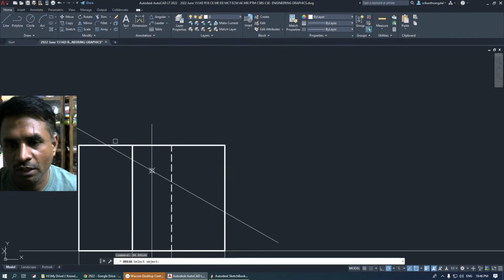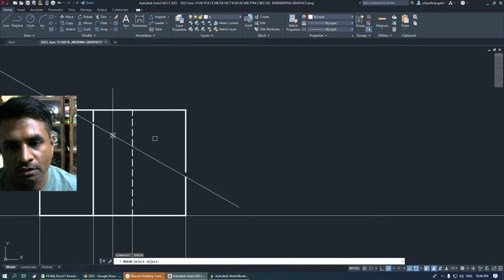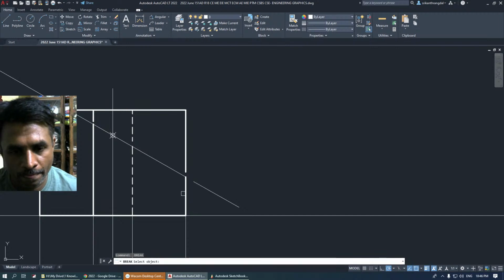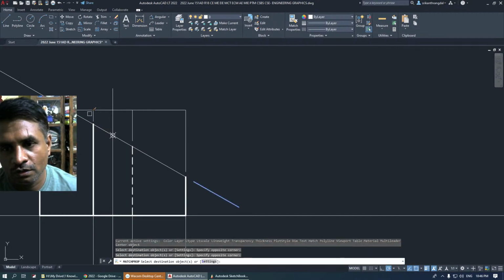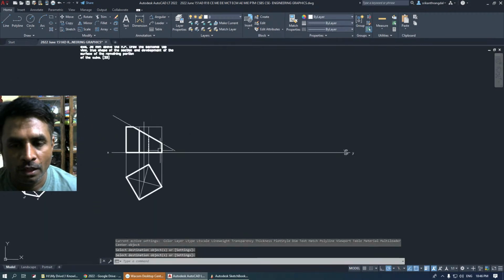Now this is my cut section, and all these top lines are going to just vanish. All these edges go away, and we're going to get another edge over here.